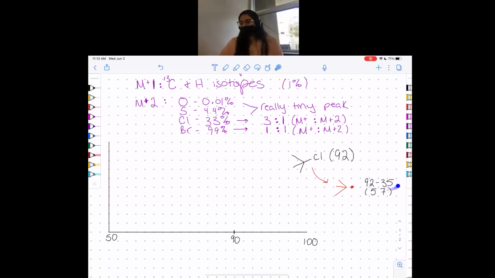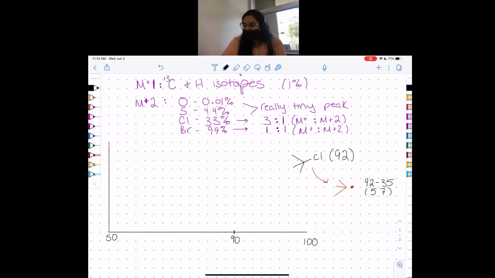The reason I wrote this out is not because I don't think you can do math, but because I want you to keep something in mind. Whenever you see M plus 1 or M plus 2 or M minus whatever, it's purely saying the full mass is M, and then we go this many units in either direction. Minus goes this way, plus goes this way.